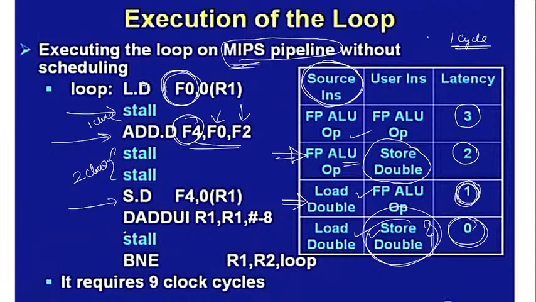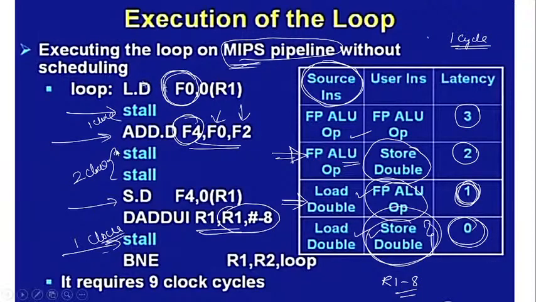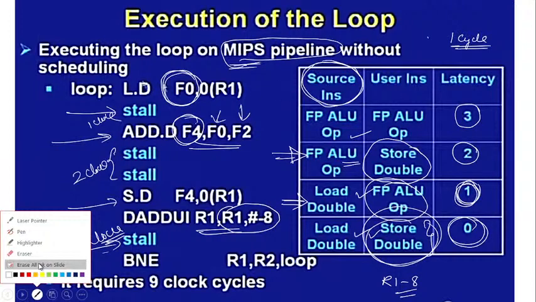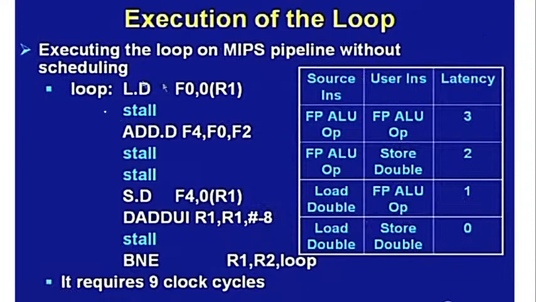Here the arithmetic operation is a decrement operation. R1 minus 8 means it is decrementing by 8 bytes, so it is one clock cycle. Just keep in mind that with respect to these instructions, it introduces some delay.